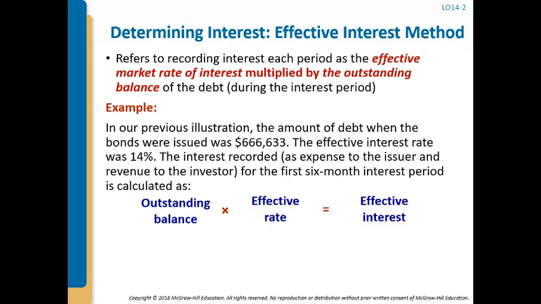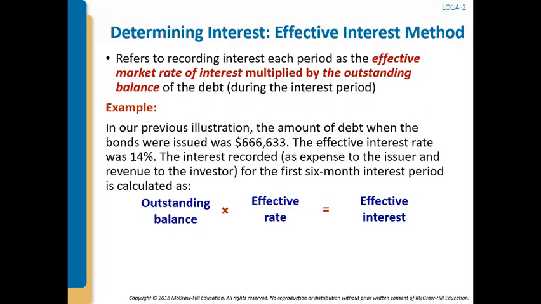And so every period, and notice in the second interest payment, the outstanding balance has increased by the amount of the discount reduction, 4,664. And so in that second period, you're multiplying 7% times 671,297. And so every period, your discount's being reduced by that calculation.